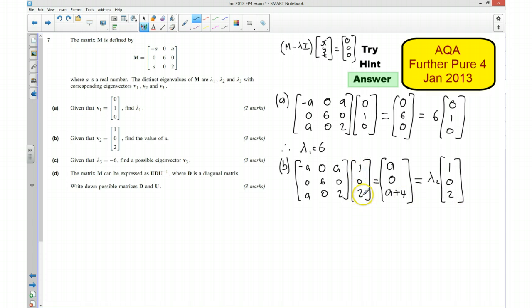So in order for this to be an eigenvector, that's going to be true there. So that means I can write this down as A must be equal to lambda 2, 0 is equal to 0, and we've also got A plus 4 is equal to 2 times lambda 2.